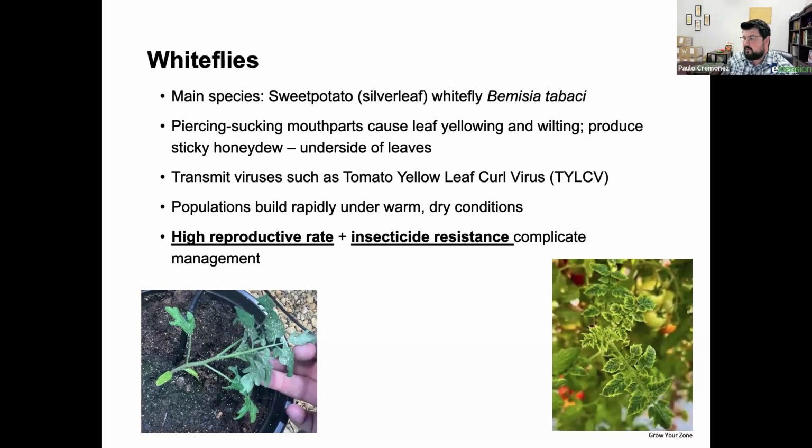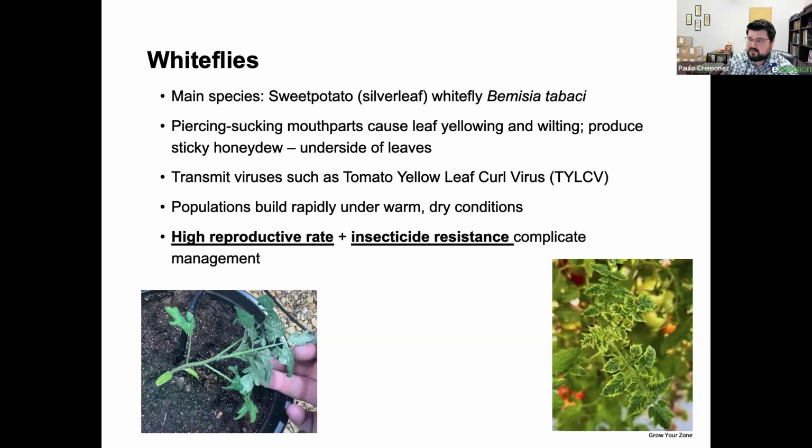They cause leaf yellowing and wilting if they are in high presence. And they also produce a sticky honeydew just like aphids, but they live exclusively on the underside of leaves. So if you see whiteflies on top of the leaves, they are just parking there. They are going to find a way to get to the underside.